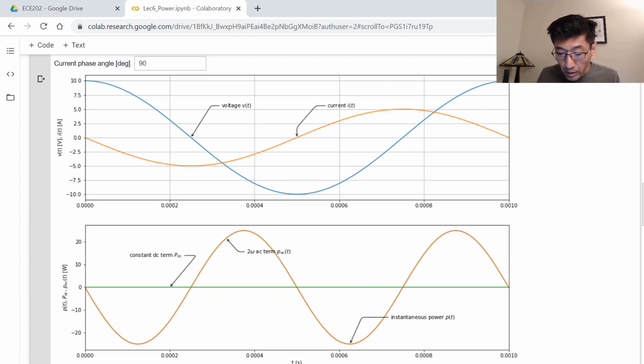In this case, again, the green line, which is the DC term, is constant 0. The blue line, remember, is the total, the DC plus the 2 omega AC. Right now the DC term is 0, so the 2 omega AC term equals the total instantaneous power p(t). Okay, that's what I wanted to share with you.